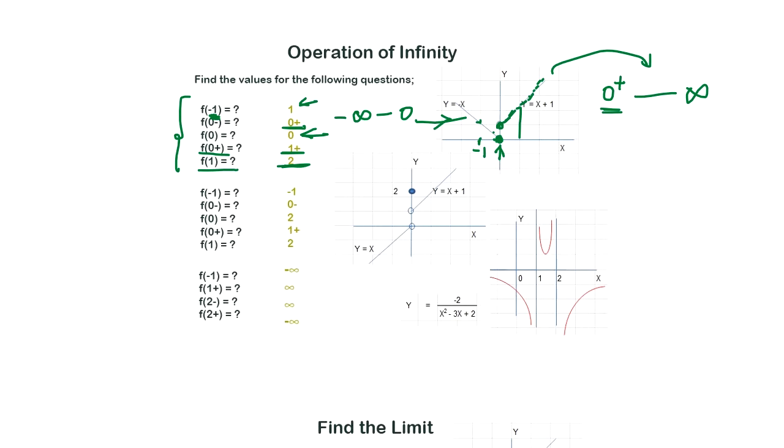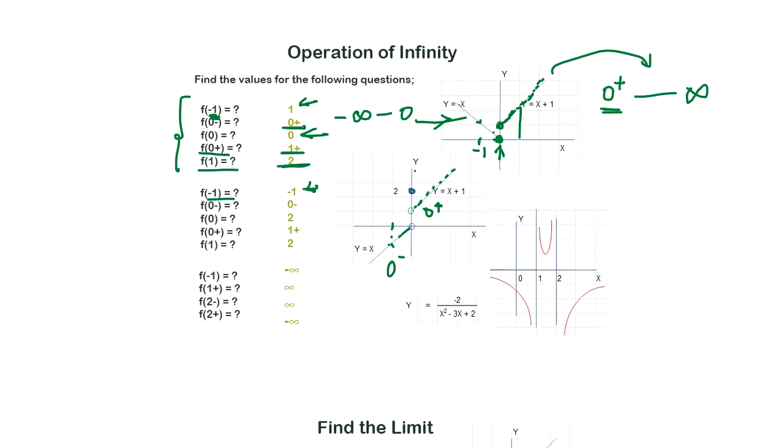Okay. So this function is defined up to 0 plus. And when x is 0, y is 2. This function is defined up to 0 negative. Okay, so minus 1 is going to be negative 1, right?